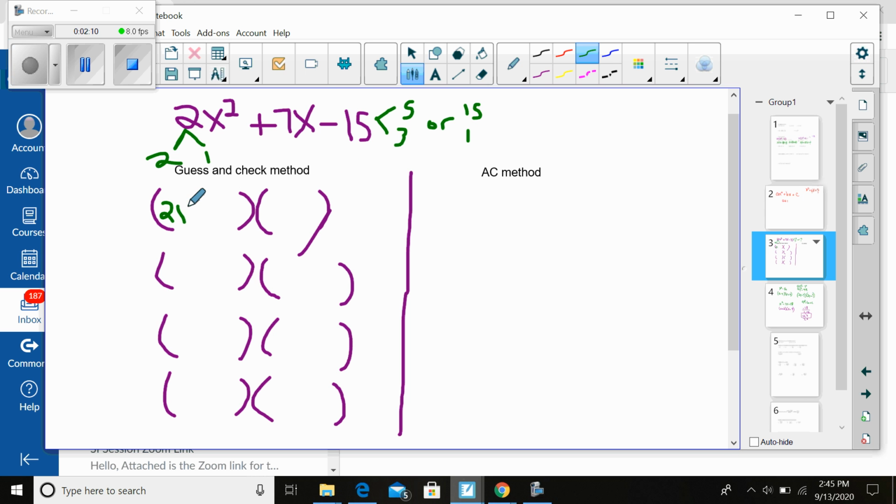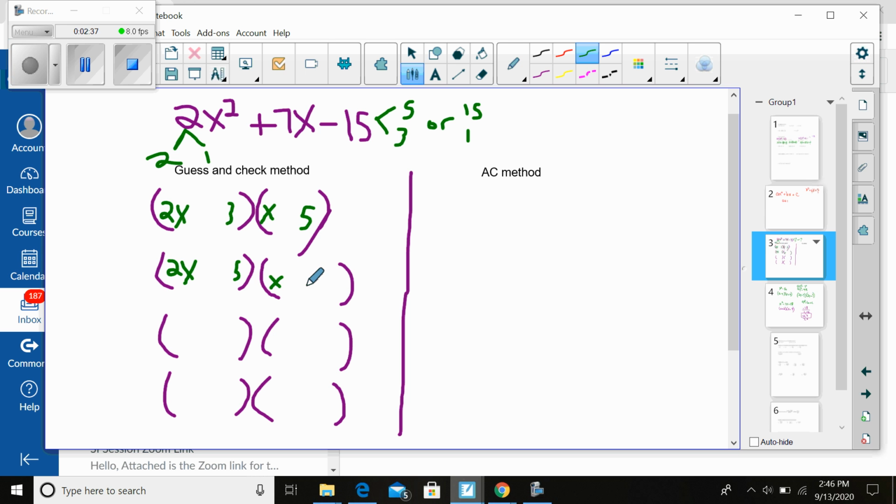So I put the 2 and x, and if I multiply those back together, I get 2x squared. So I know it has to start with a 2x and an x. What I don't know then is, does the 3 go here and the 5 go here? Or should I put the 5 in the parentheses with the 2x and put the 3 over here?